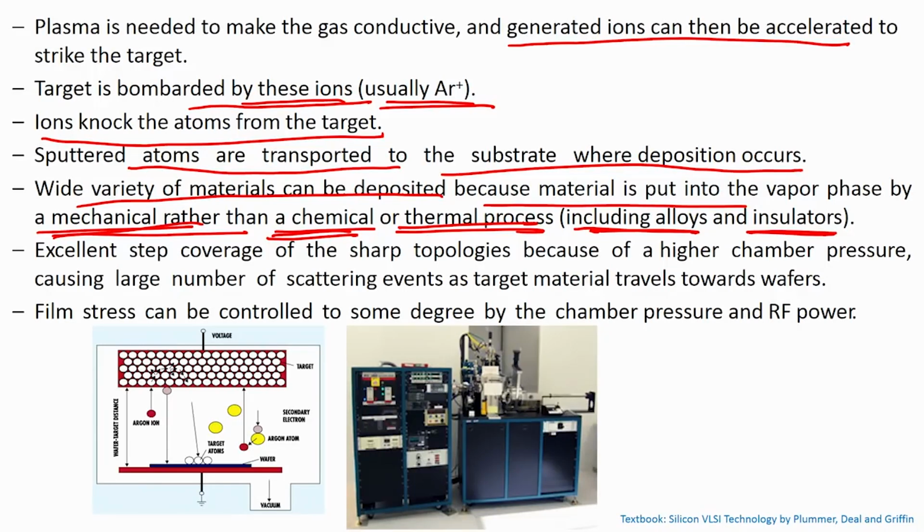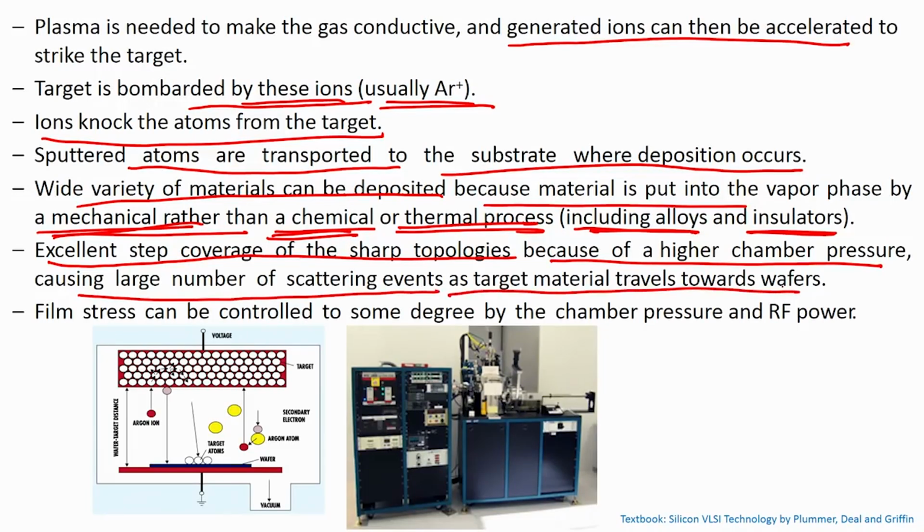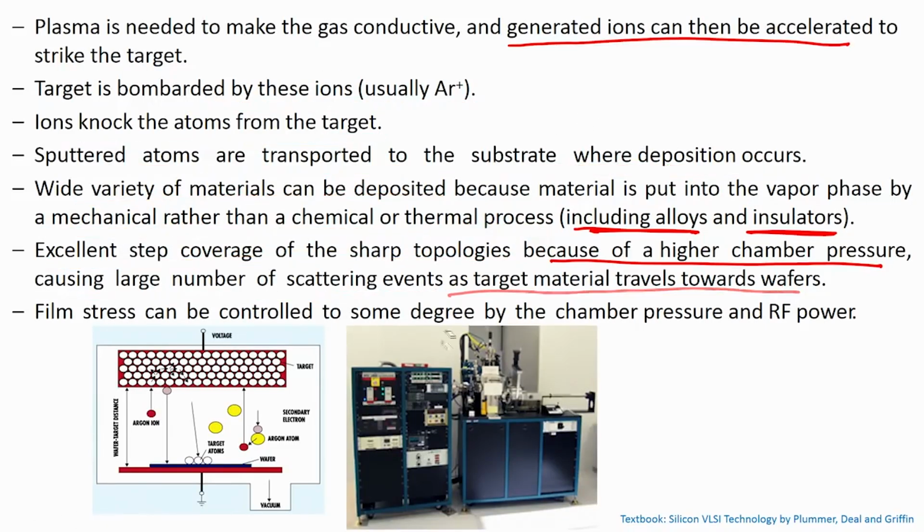So, what is the advantage here? The excellent step coverage of sharp topologies because of high chamber pressure, causing a large amount of scattering events as target material travels towards the wafers. What does that mean? In this particular process, first, a very high chamber pressure is required.